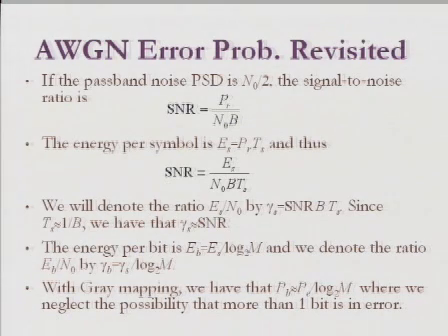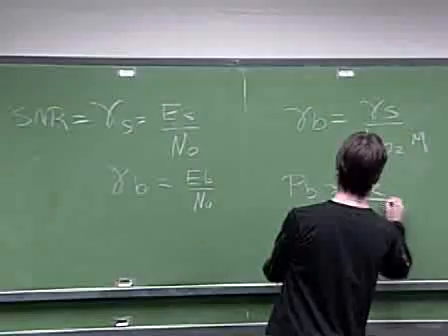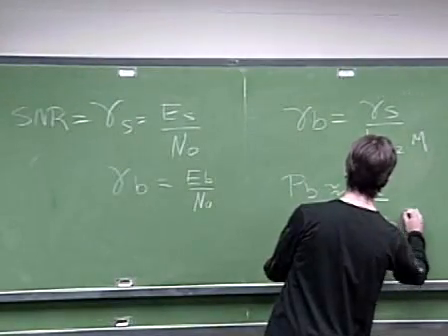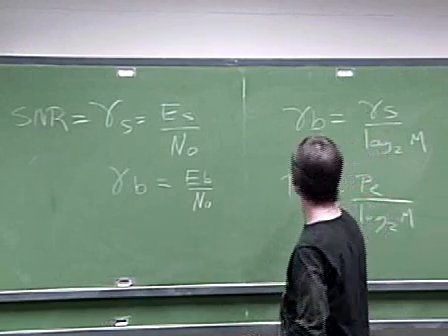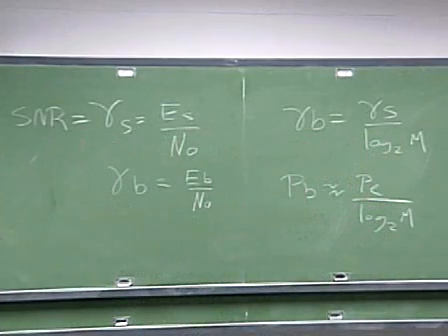Good point. Now, we also have, remember, the probability of error per symbol, PE, and the one per bit, PB. Under Gray mapping, and neglecting the probability that you can have errors that are not between neighbors, we had that PB is approximately equal to PE divided by log 2 of M. This is an approximation because, first of all, it's only true if we had Gray mapping, and second, it's only true if all the errors are always between neighbors.